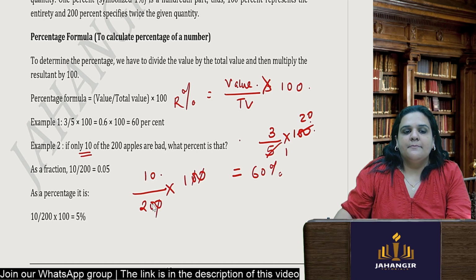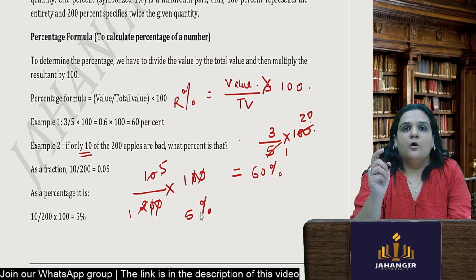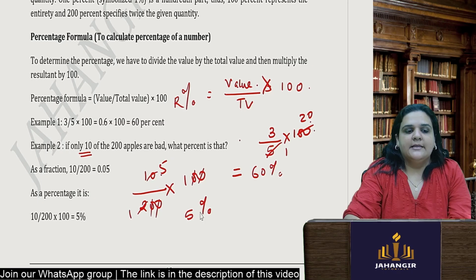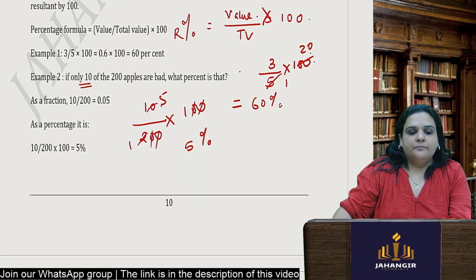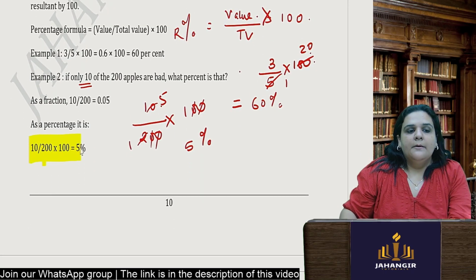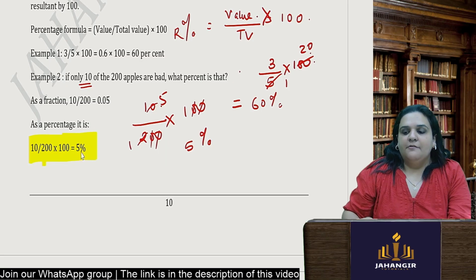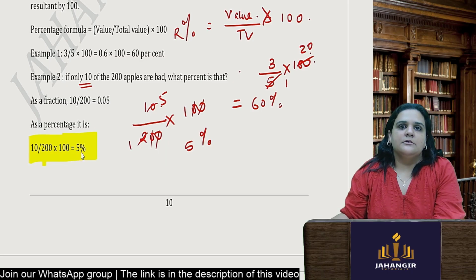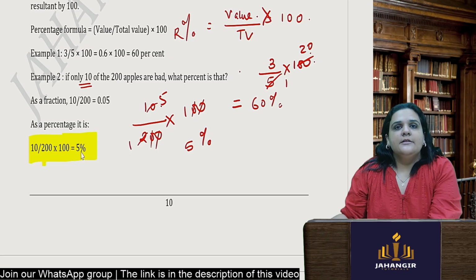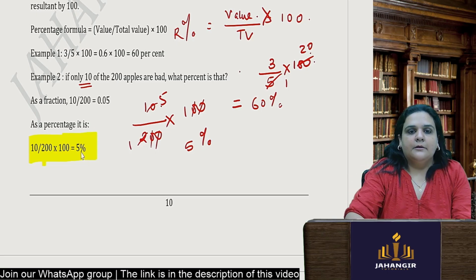There is always a multiplication by 100. 2 ones are 2, 2 fives are 10, so it is going to be 5%. But the answer has to always be denoted by a percentage sign. It is very important. If we forget to write the percentage sign, then 5 will become a normal integer, a real number.